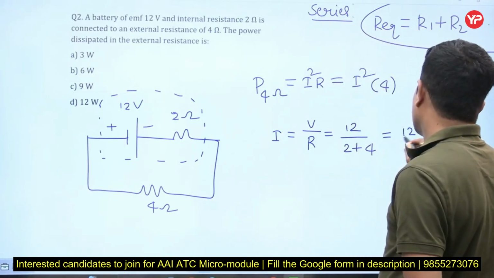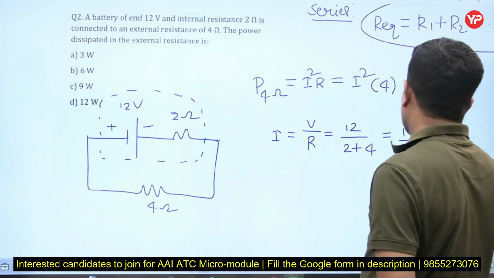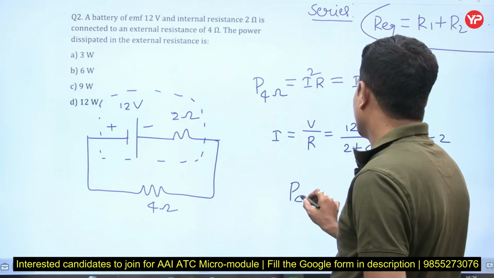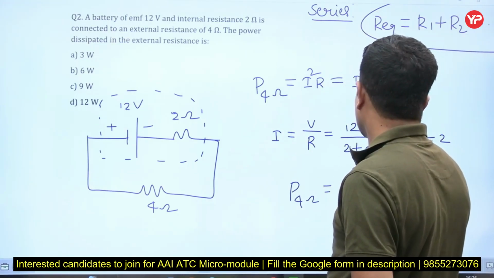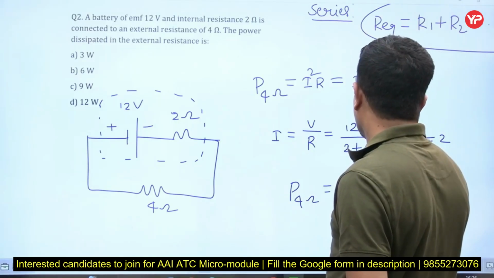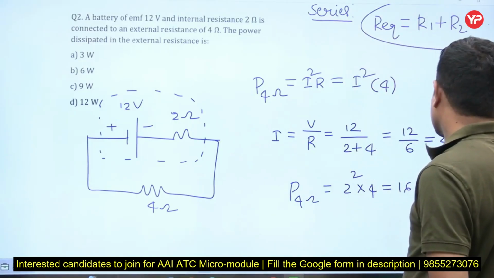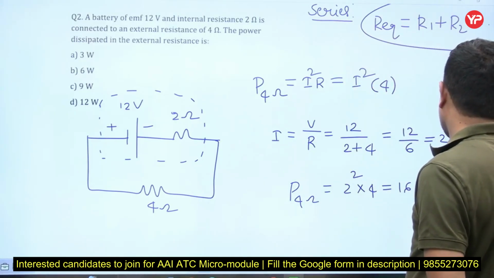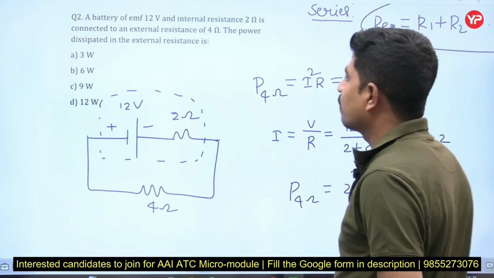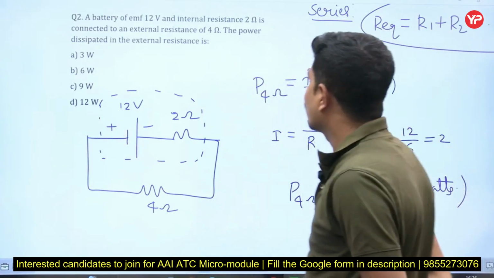So 12 divided by 6, that is equal to 2. Now put there, P in 4 ohms is equal to 2 squared into 4. 4 fours are how much? 16 watts.